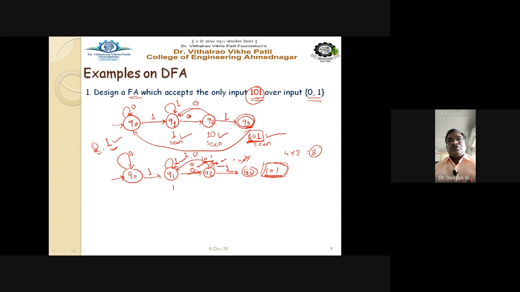There is no transition on 0 as well as no transition on 1. So where to transfer? Shall I make it a self loop? No, I cannot. I will transfer both inputs to Q1 or Q0, on 1 and 0, so that at the end I am able to see 101 as the string. Getting this point?